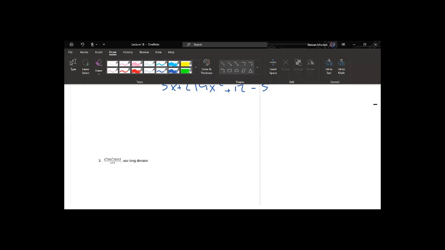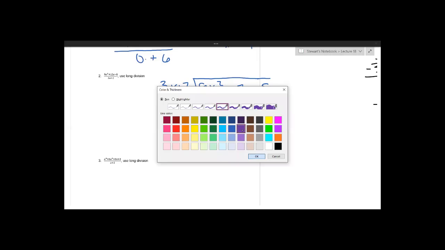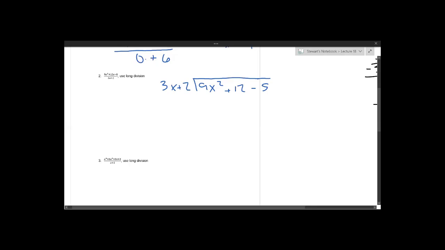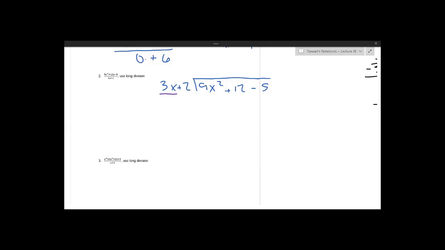I'm going to change colors here. Okay, so like we did before in the last one, we're going to see how this first term, or the term with the variable, fits in all of the pieces. So first we're going to evaluate how it fits into 9x squared. Well, 3x goes into 9x squared 3x times, because 3x times 3x would be 9x squared.